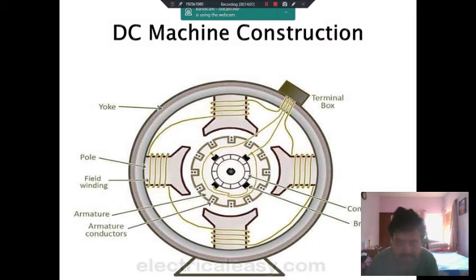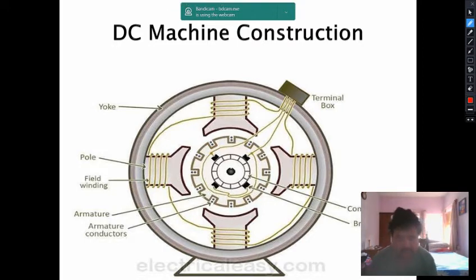So next comes the rotor part. As discussed yesterday, the rotor is slotted in the outer periphery, and the armature conductors are placed in these slots as shown.